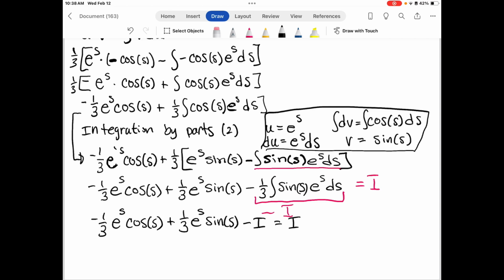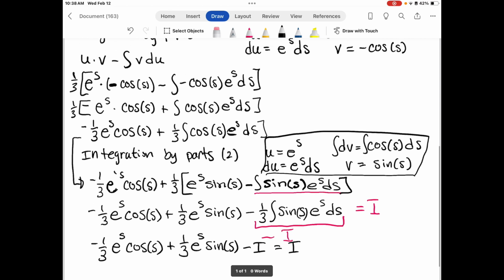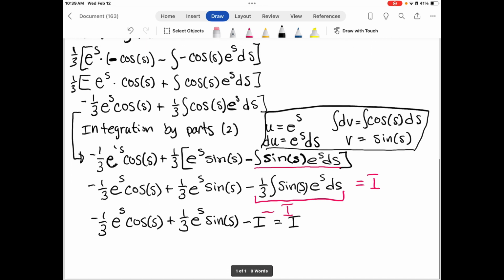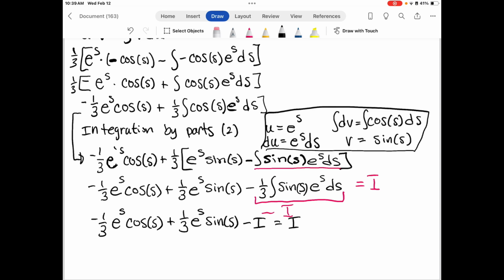Now, since I'm running out of room, I'm going to combine steps here, so bear with me. If I want to solve this for I, because that's what we're looking for, we're looking for the antiderivative of that. So I'm going to add I to both sides, so that's going to make this 2I on this side.